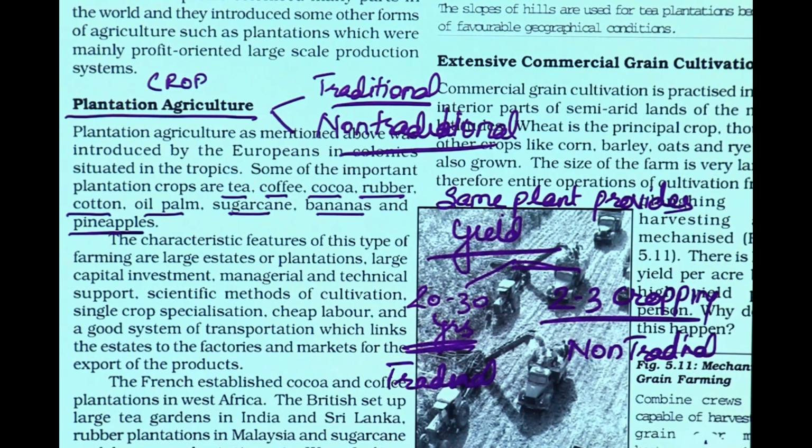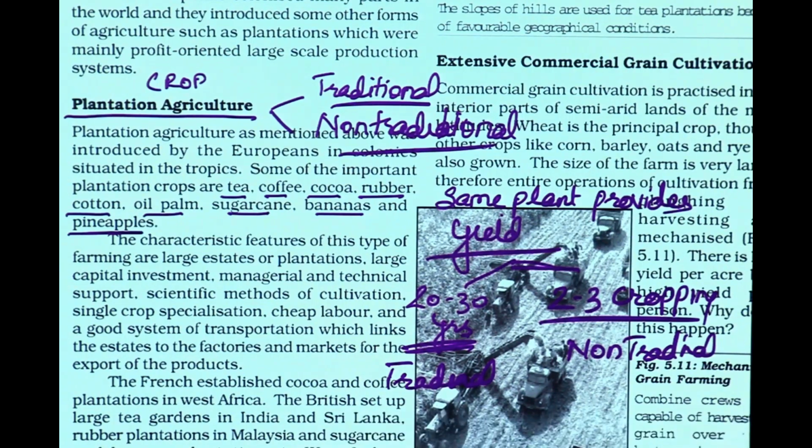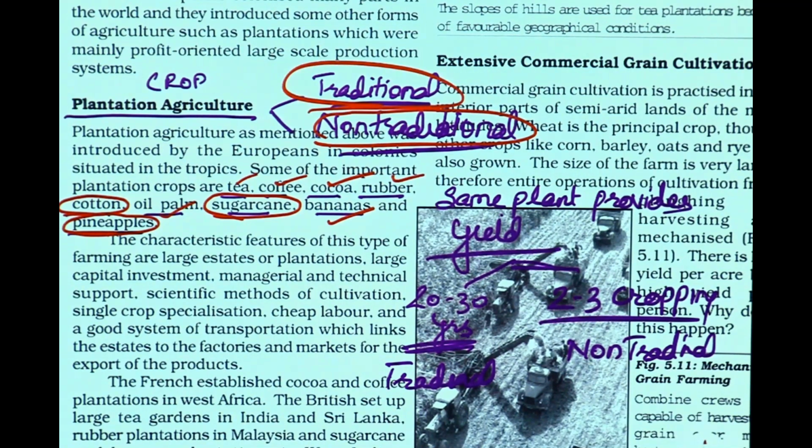And if I have to categorize their products, I can grade them into 2 categories which we have learned. If I pick up cotton, sugarcane, pineapples, I am largely putting them into the non-traditional category. But if it is tea, coffee, cocoa, rubber, oil palm, banana, it will fall into the traditional category.